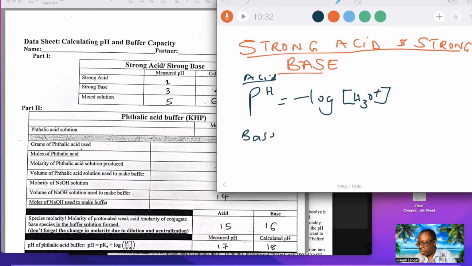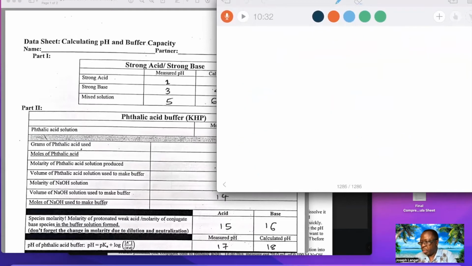For base, pOH, not pH, is given by the negative log of hydroxide concentration. And of course, if you are asked to find the pH of a base, pH plus pOH equals 14.00.